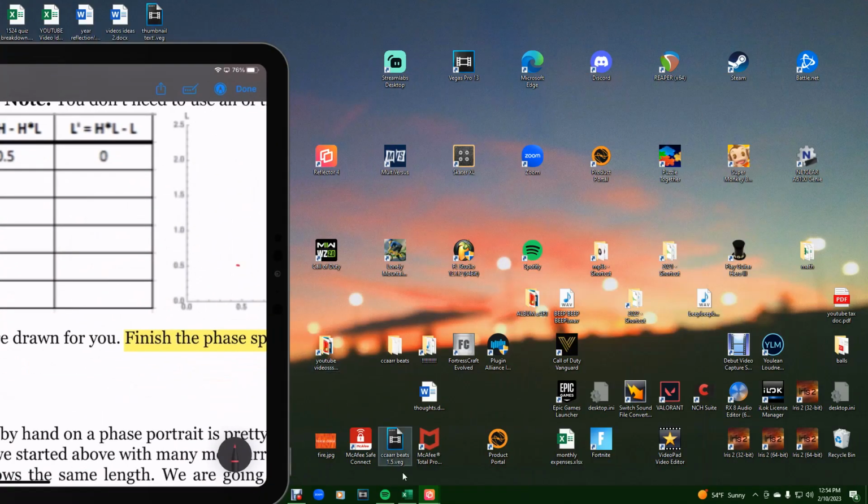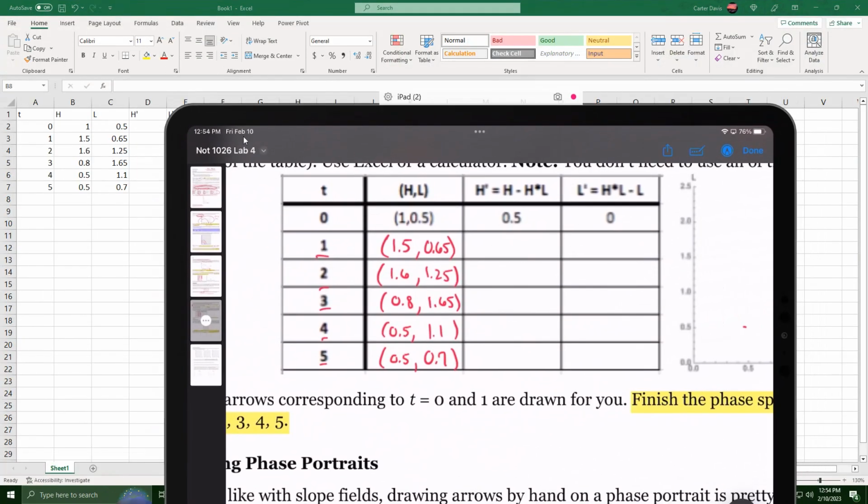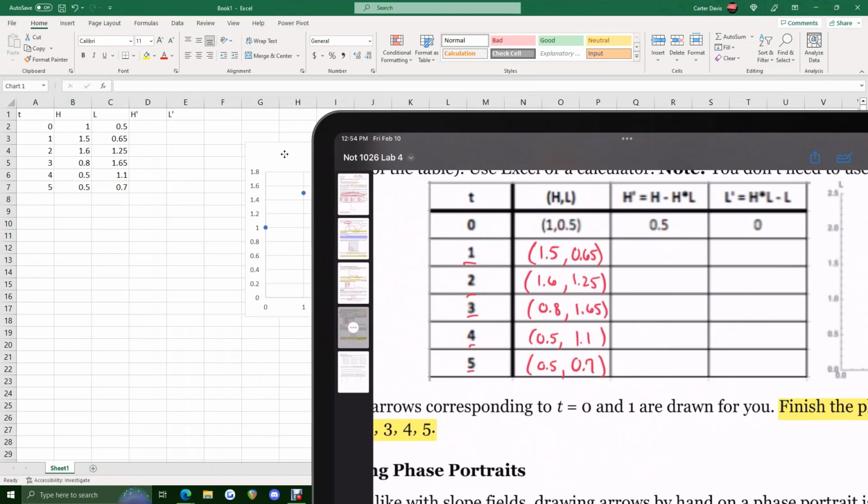All right, where'd Excel go? Come on. All right, so I put these ordered pairs in here. Now we're going to calculate H prime.